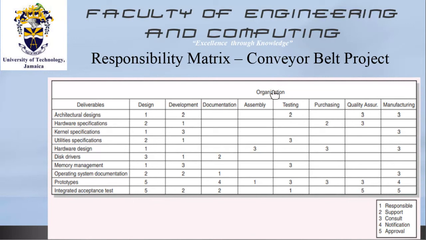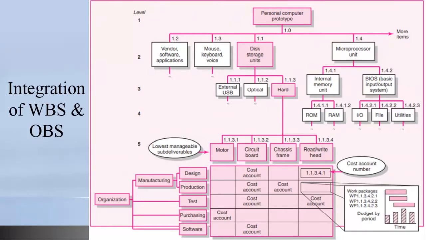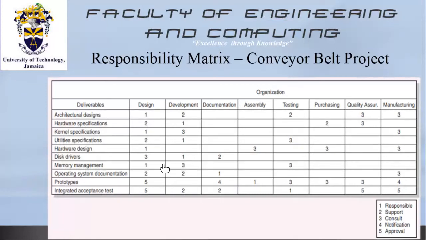And this is another type of how you integrate your WBS with your OBS, right? However, I would prefer a type like this for your assignment or a type similar to what is contained in the lecture that is posted on Moodle because it is about your demonstrating greater understanding, okay? But as you go on, you can do something like this, a RACI chart or a responsibility matrix.